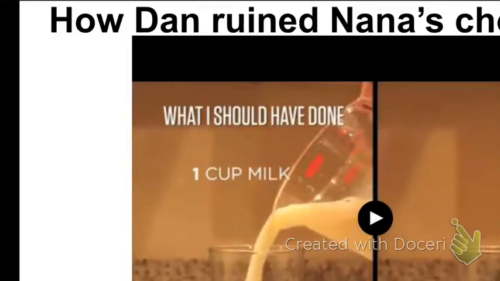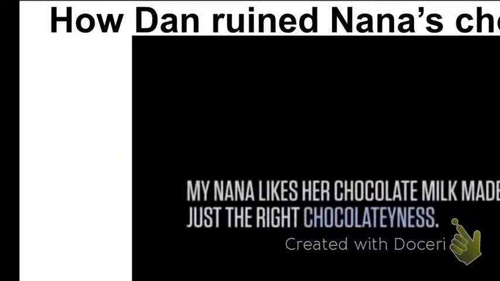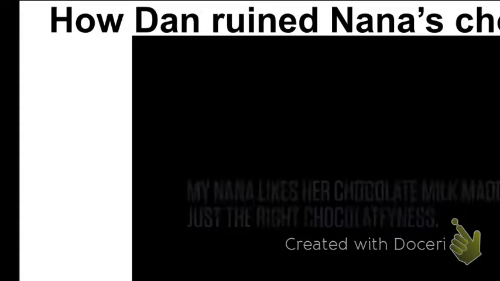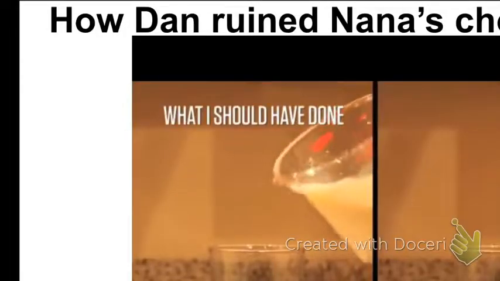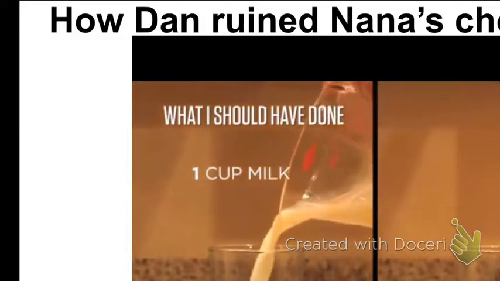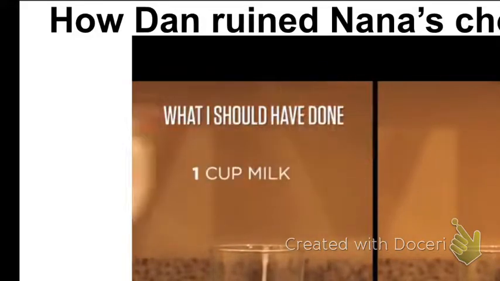We need to help Dan fix this. Can you separate out the milk from the chocolate once you've mixed it up? So we can't subtract anything to help him fix it. Add more milk. So I want to know precisely how he can fix this so that Nana gets her chocolate milk exactly right.